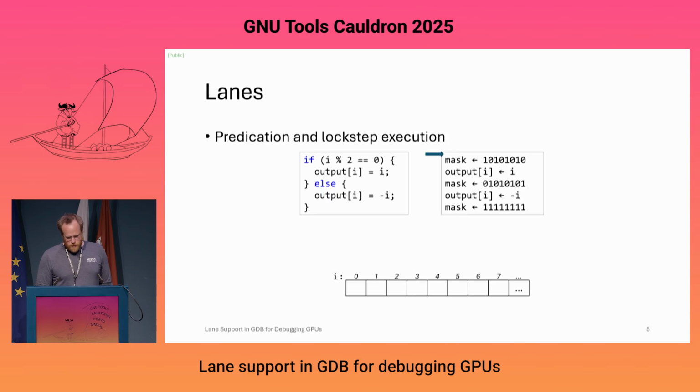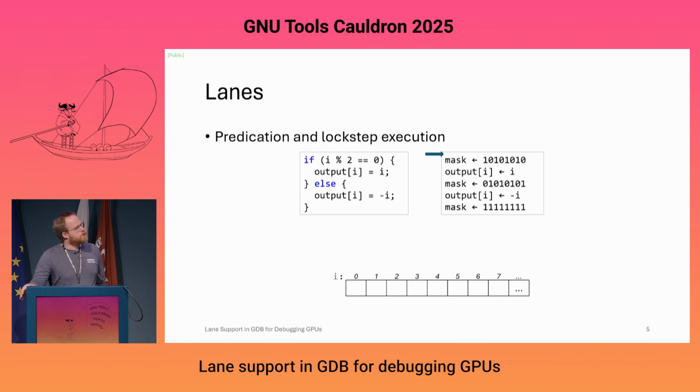So how does the execution work? You're running 32 kinds of programs at the same time on the same hardware thread, and we're not really used to that in the CPU. The way it works is that everything executes in lockstep.